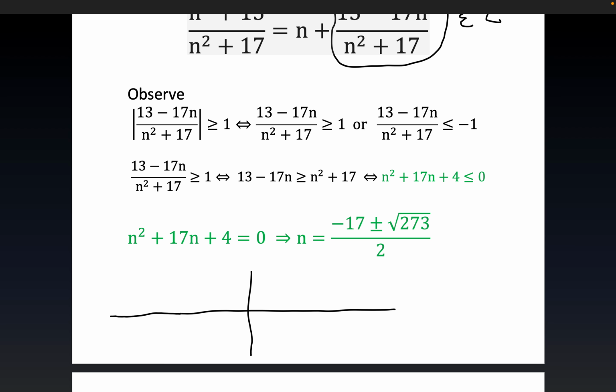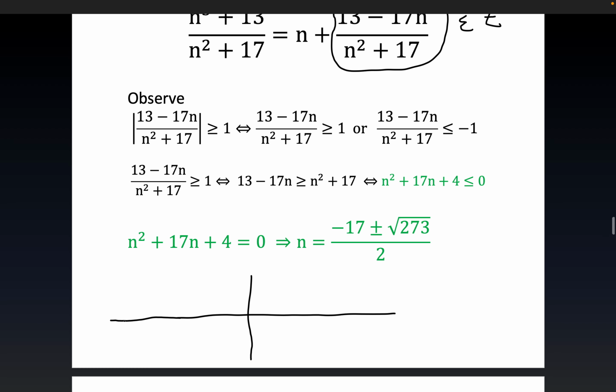Y'all notice here that minus 17, we'll call this minus 17 right here. Okay, that point right there. Then also, right here, this is almost to 0. So you see, we'll put minus 1 right here.